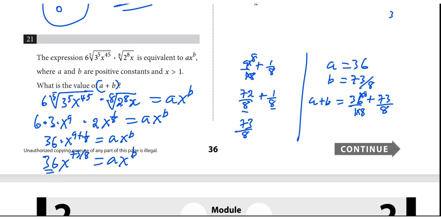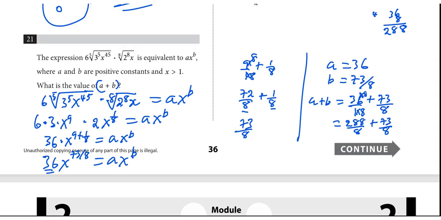So 36 times 8 would give us, this is 8, you carry 4. 8 times 3 is 24 plus 4, 28. So this will give us 288/8 plus 73/8.